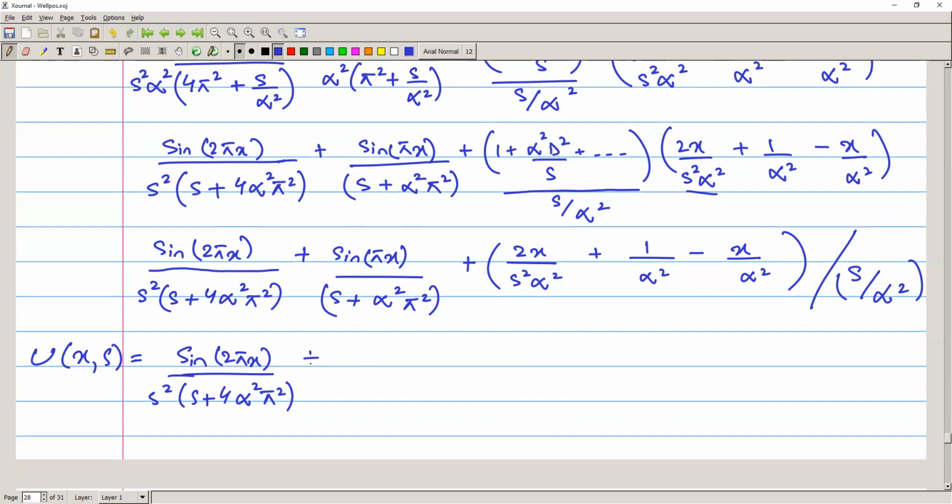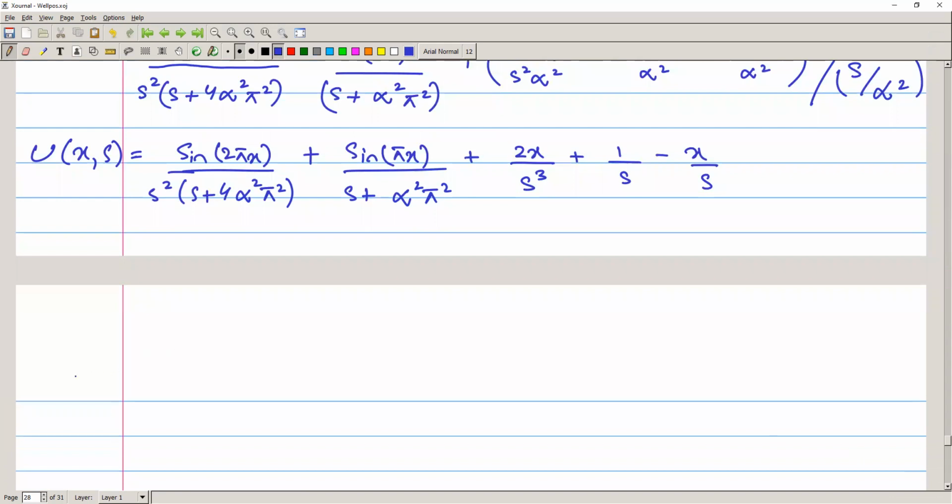You can see that sometimes it is very complex to handle the Laplace transform, and sometimes it makes the problem very easy to solve. So this will be 2x over s cubed plus 1 over s minus x over s.